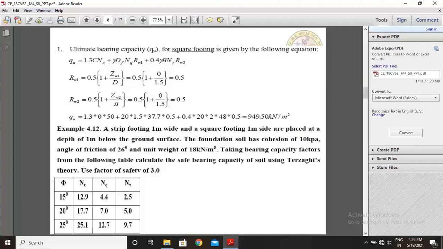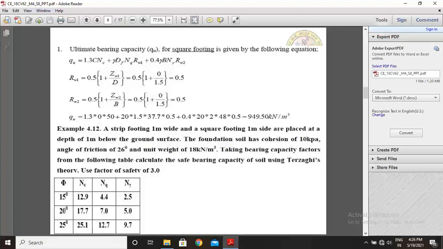Example next, the 12th. A strip footing 1 meter wide and a square footing 1 meter side are placed at a depth of 1 meter below the ground surface. The foundation soil has cohesion of 10 kPa, angle of friction of 26 degrees and unit weight of 18 kilonewton per cubic meter.